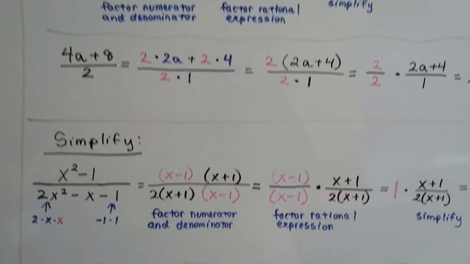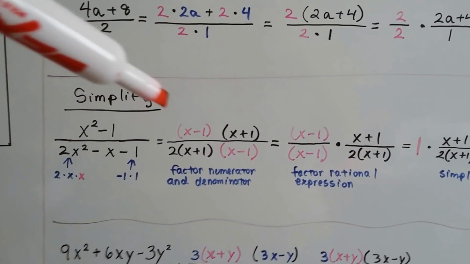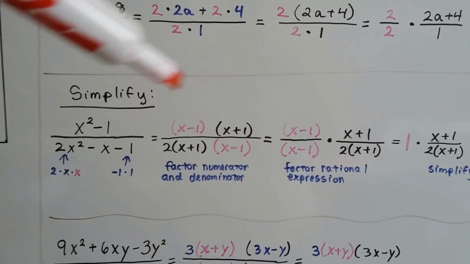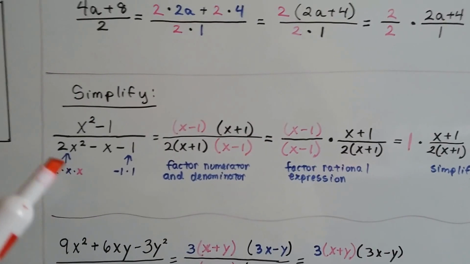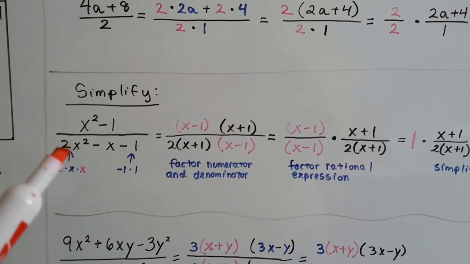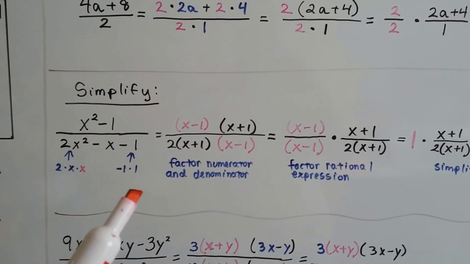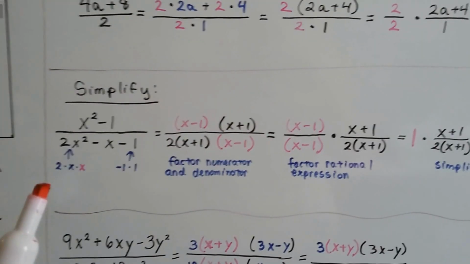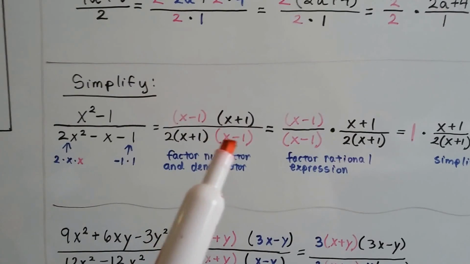Let's try this one. This one's a little bit more difficult. This can be factored as x minus 1 times x plus 1. In the denominator, when we factor this, it's 2 times x, isn't it? And that could be a negative 1 times a 1 to get that negative 1 when we factor it. That means we've got 2 times x plus 1 times x minus 1.